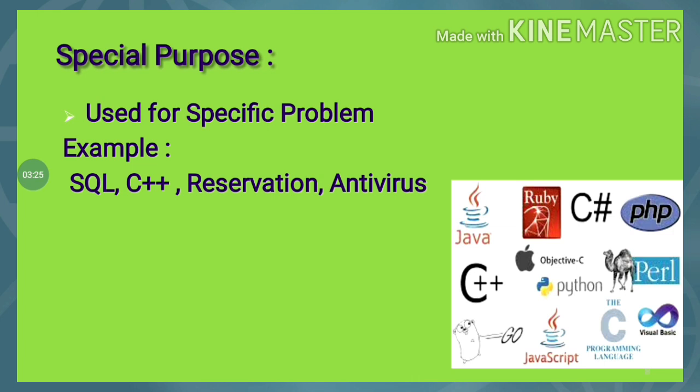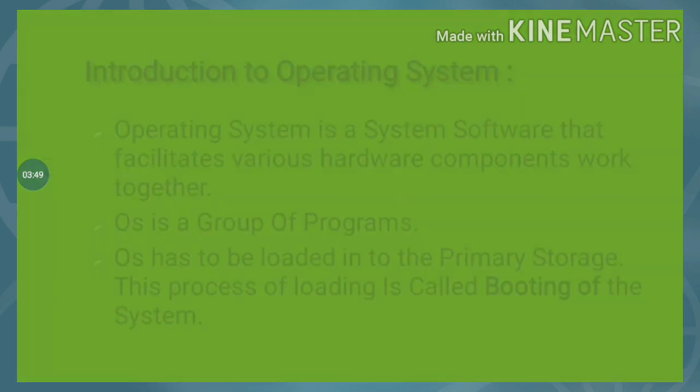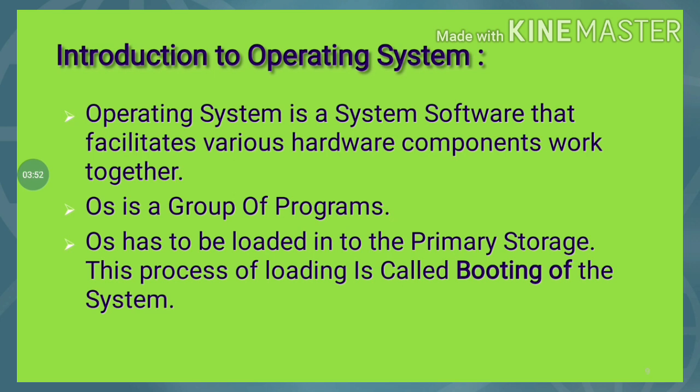Antivirus software is designed only for recovering from virus effects. Like that, for train booking and bus booking, the software is specifically designed for that purpose. That is special purpose software used for specified problems.